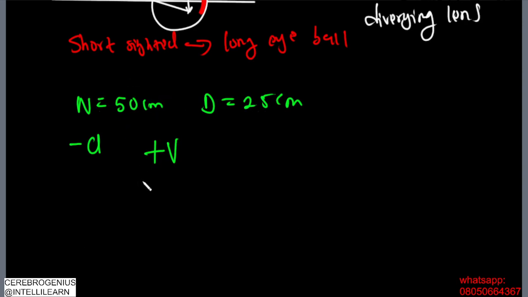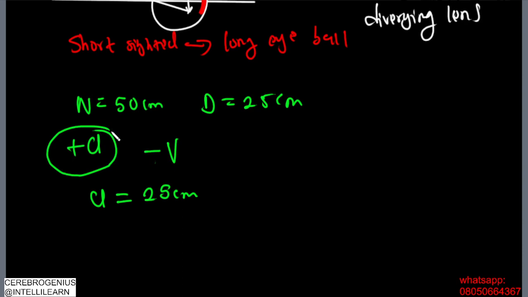So what's the object distance? The object distance is 25 centimeter. I might have made a mistake here. So this should be positive, right? This should be positive and this should be negative, because this is for the object, right?